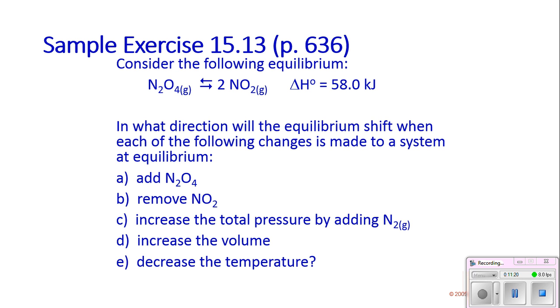In A, we're going to be adding N2O4. How is this going to shift your equilibrium? If we're adding more of our reactant, it's going to shift to the right.